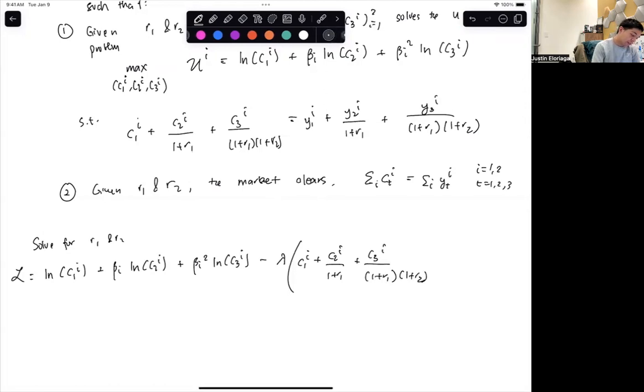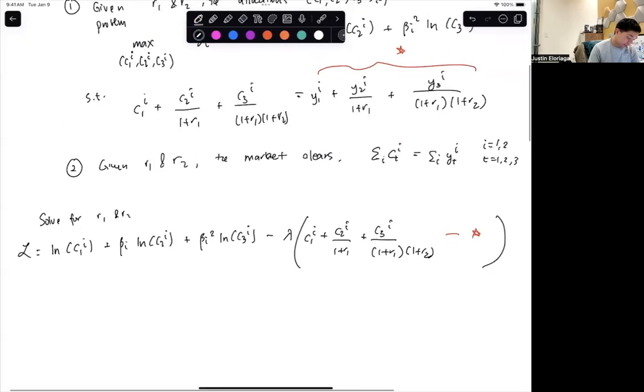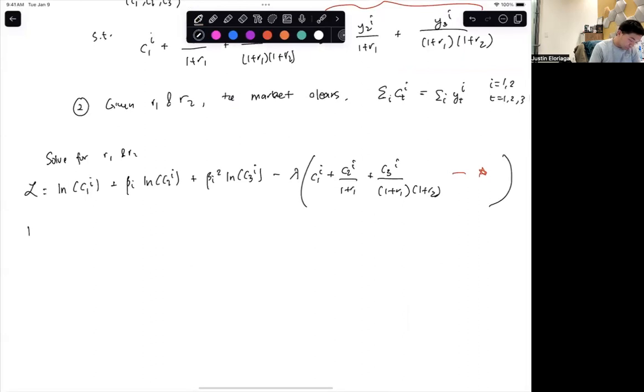Then I'm going to let this entire thing be equal to star, so it's just going to be minus star. Then I use the first order necessary conditions. First with respect to C1i: the derivative of the first term is 1 over C1i, minus lambda is equal to 0, which implies that lambda is 1 over C1i.